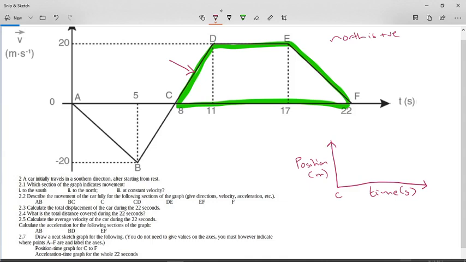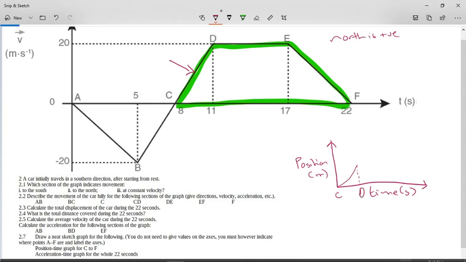If you have a constantly increasing velocity, that means you are accelerating, because the rate of change of velocity is acceleration. So if you have a positive acceleration on a distance time graph, you come up with this curvy shape. You remember it's an increasing curve. So from C to D we have a curve.